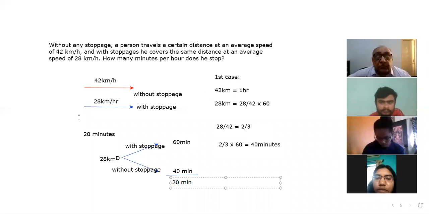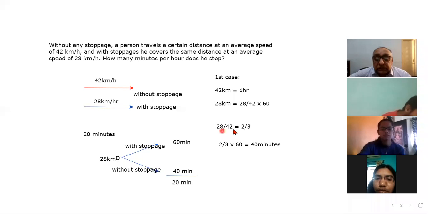Now I'm starting from the first case. In the first case, 42 kilometers without stopping are covered in 60 minutes, and 28 kilometers will be covered in 60 upon 42 into 28 minutes.